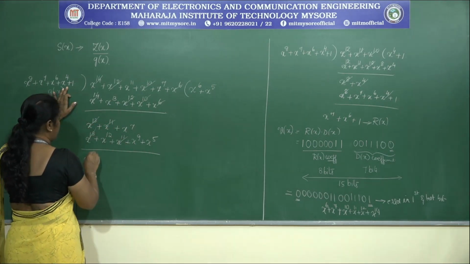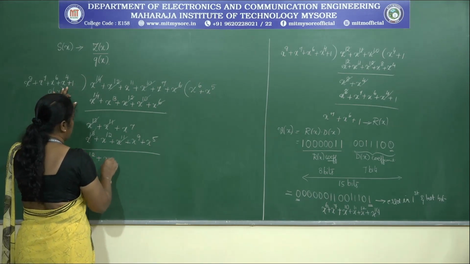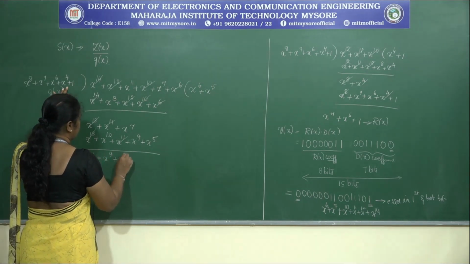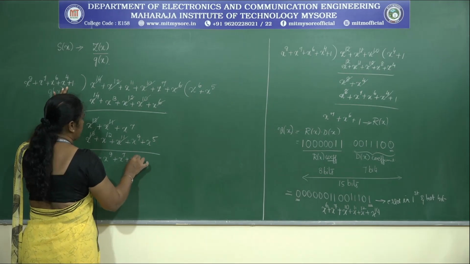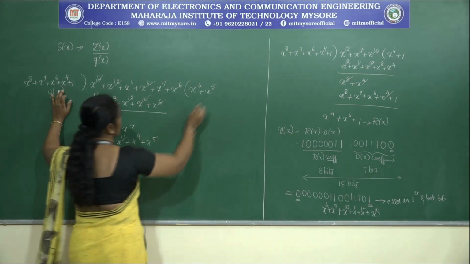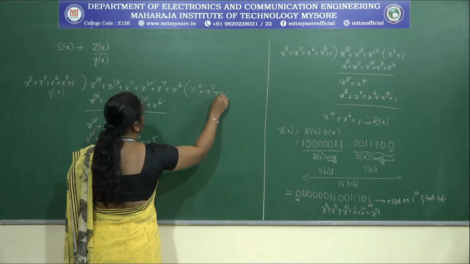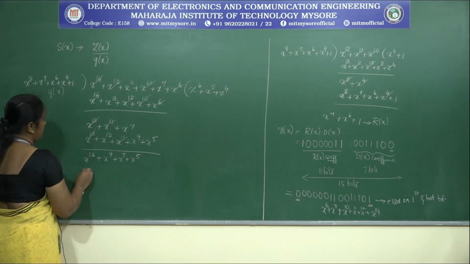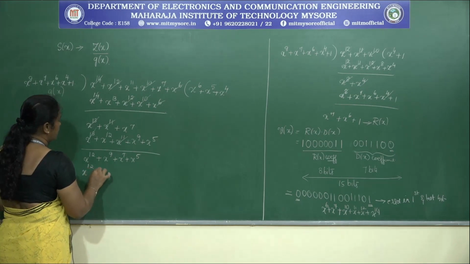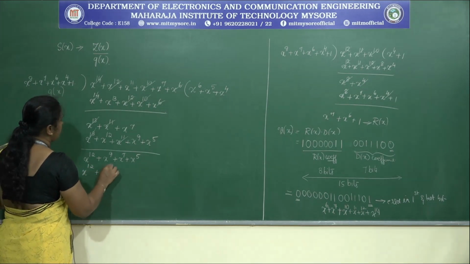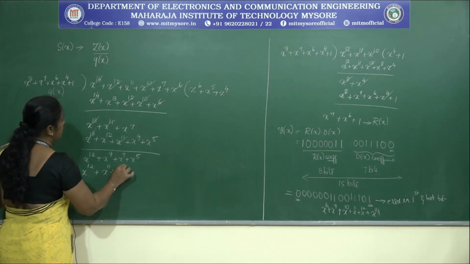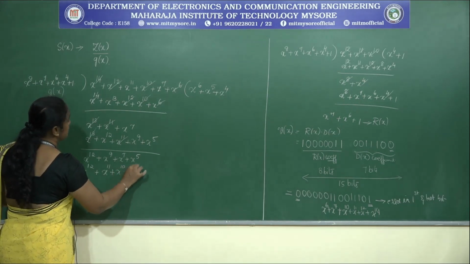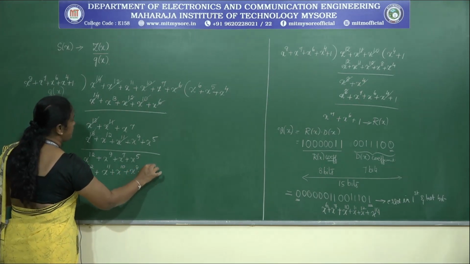So we have x to the power of 12, 9, 7 plus 5, x power 4. So then this will be x to the power of 12, 11, 10, 8 plus x to the power of 4.